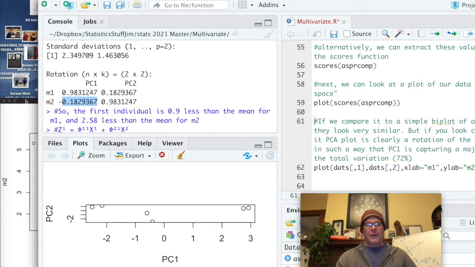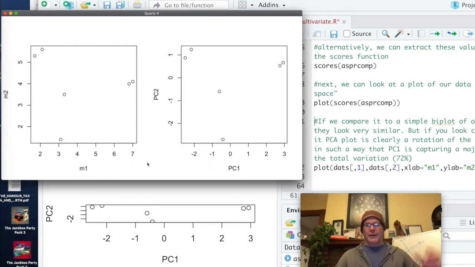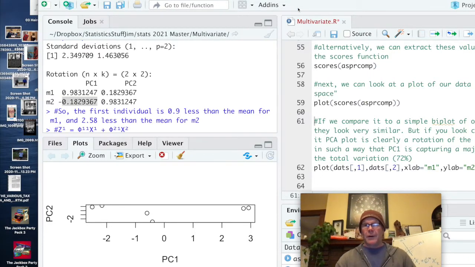And so what it's doing here is just rotating it a little bit to account for the fact that PC2 gets to own a little bit of the variation on this axis, not much. And so it's being rotated in such a way that we can basically understand the overall makeup of what our data look like. And then again, PC2, same thing. So they look really similar to one another, as they should, because we only had 2 covariates in our PC analysis.